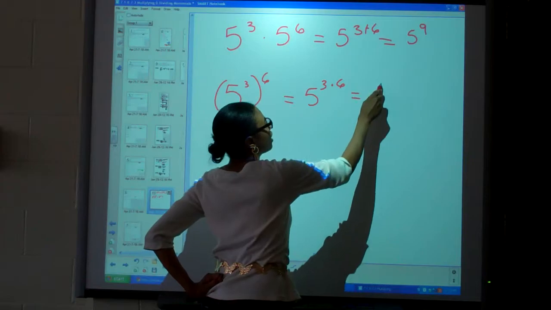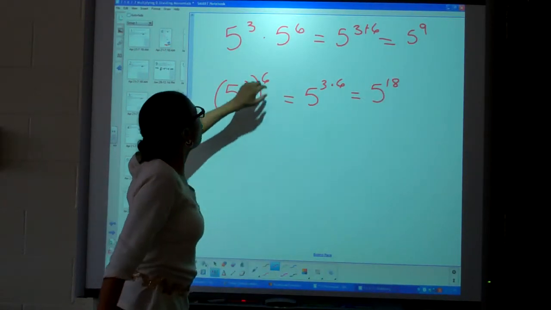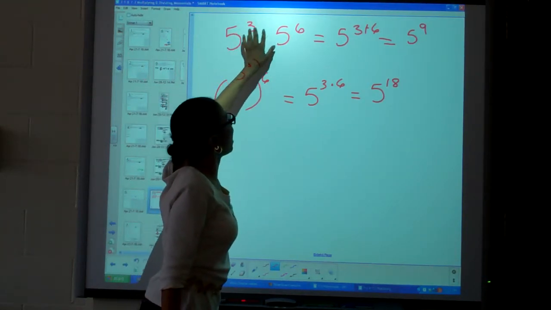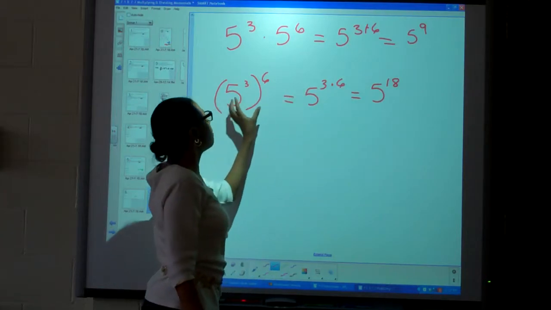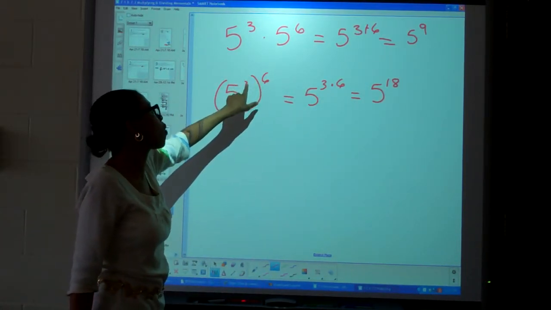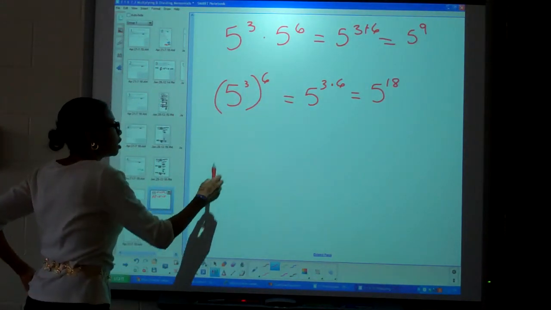We're no longer adding. So this is 5 raised to the 18th power. When we're multiplying the same base, we add their exponents. But the minute you see parentheses and an exponent raised to a power, you're supposed to multiply the exponents. Let's look at another example.